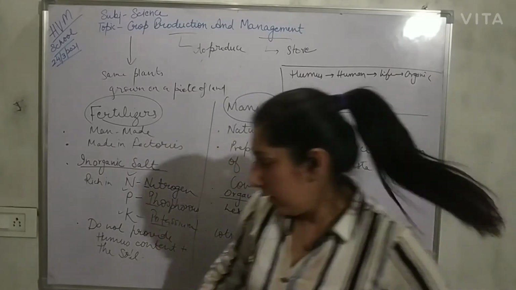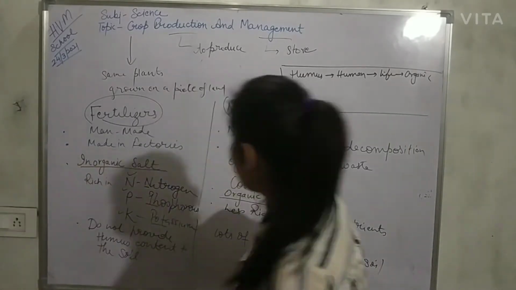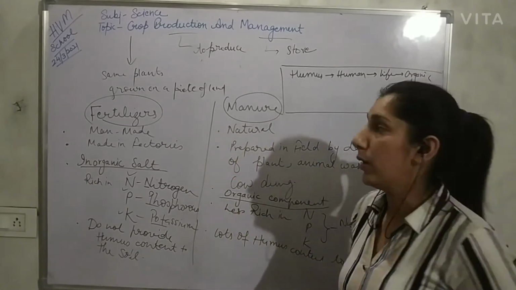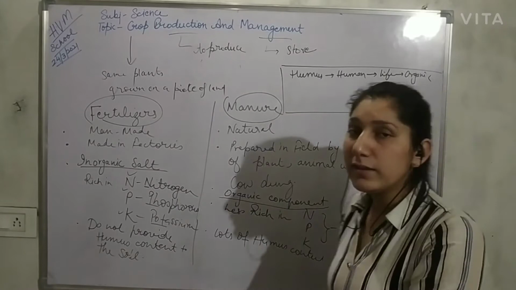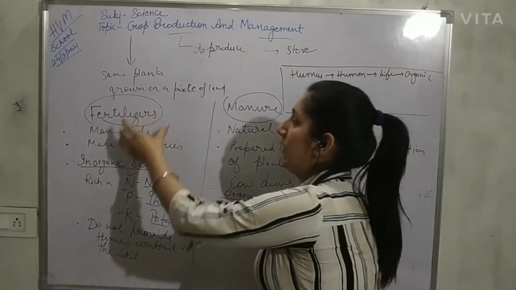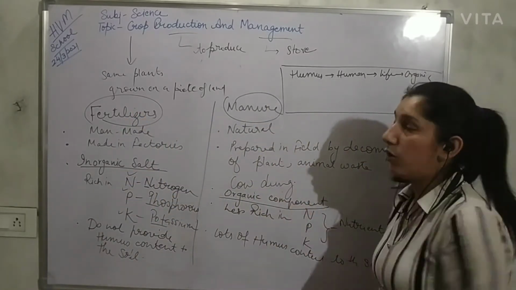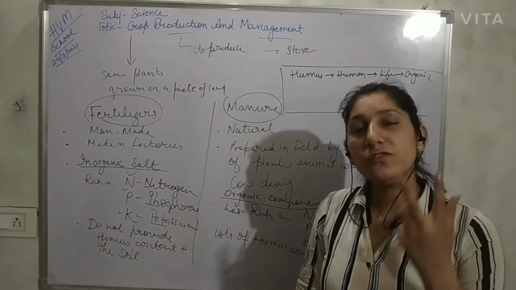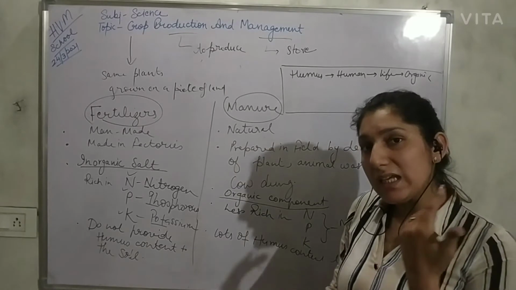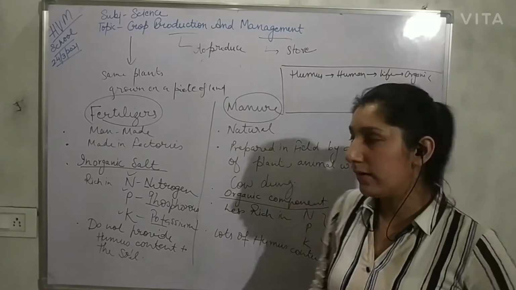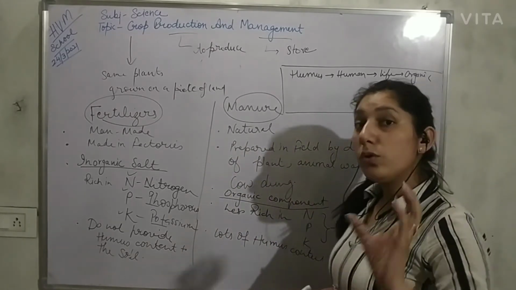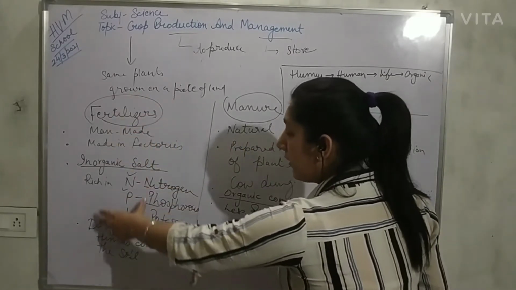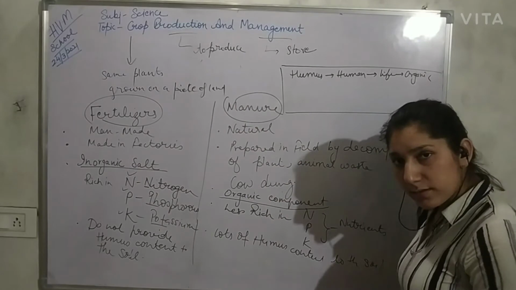Right? So what kind of question can come regarding this? Up until now, we have done what fertilizers and manure are. Both of them are substances which increase the fertility of the land in order to grow good quality crops. But there is a difference between them, and in the difference you will write these points.